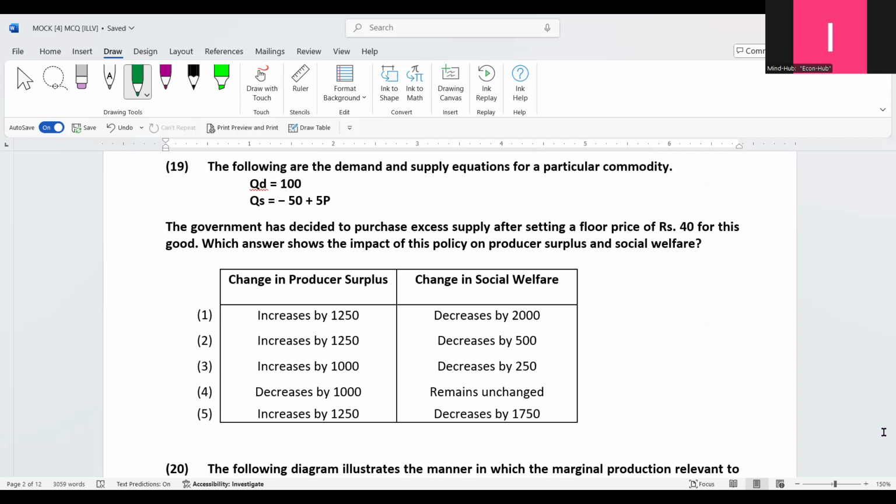So let's work with the diagram. I think that will be easier for us to do the calculations.